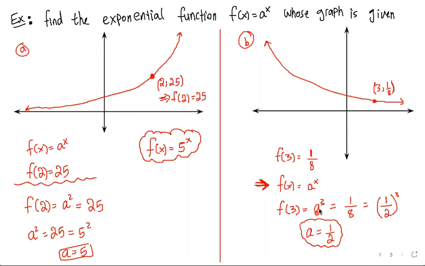This means the base a must equal 1/2. That's why a equals 1/2. Now after that you can continue and you find the function: f of x equal 1/2 to the x.